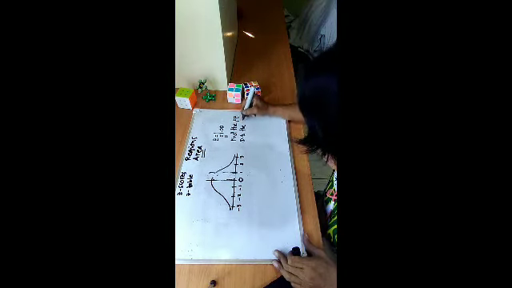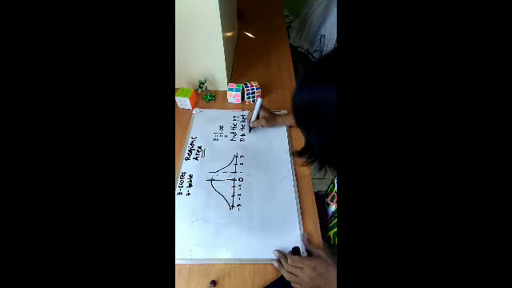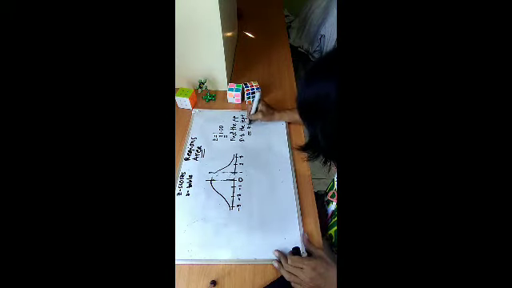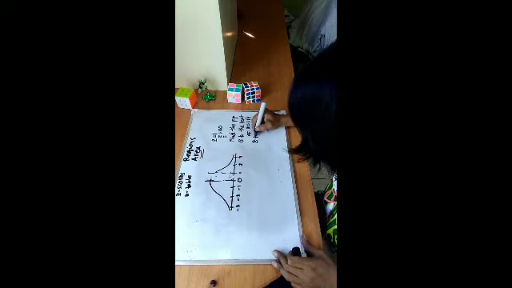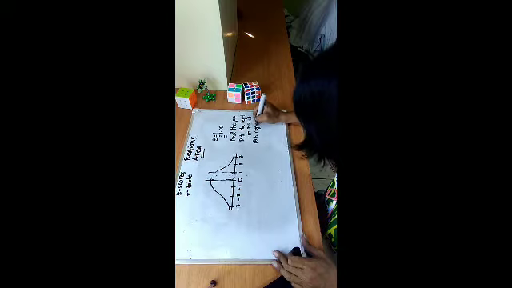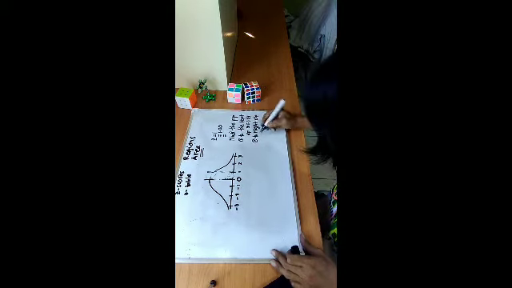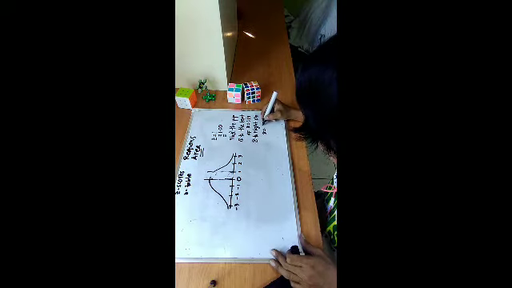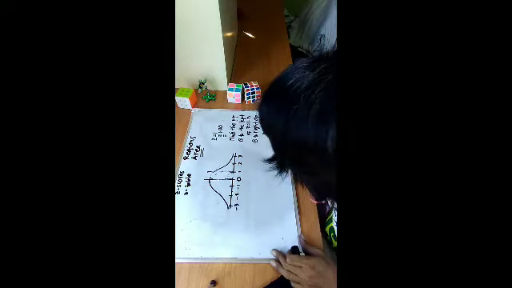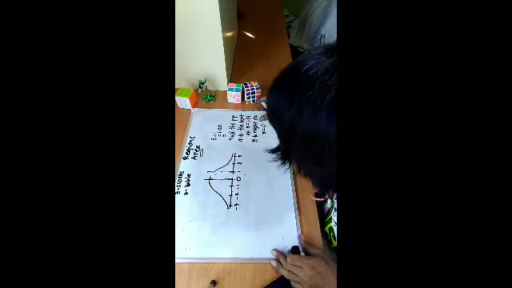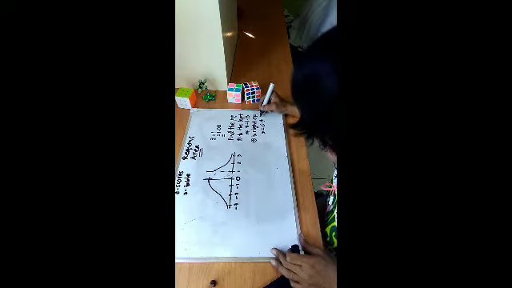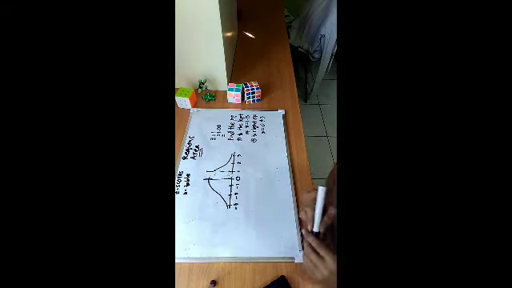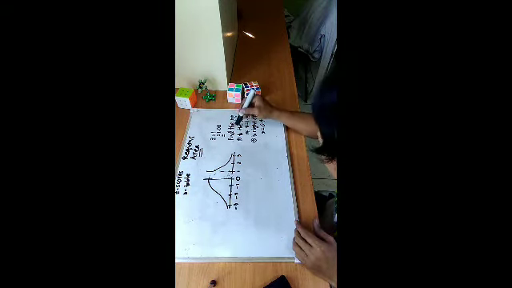Number 1: to the left of z equals 1.13. Number 2: to the right of z equals 0.70. Okay. How do we locate this region?